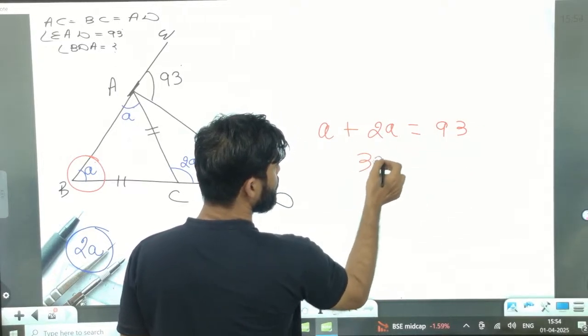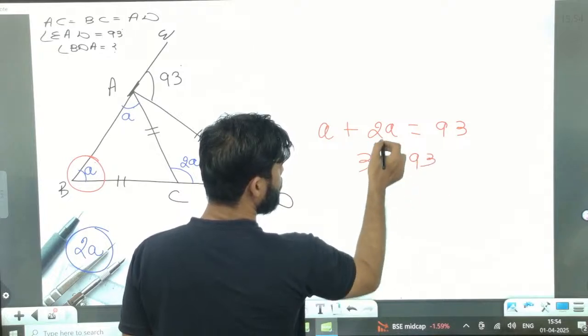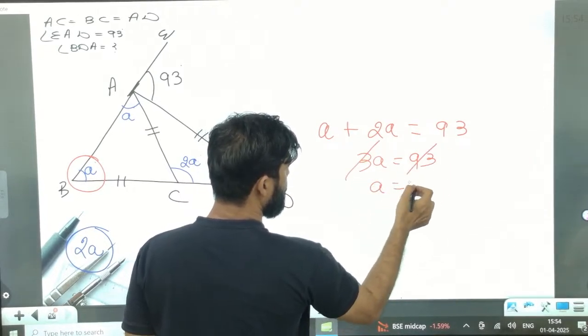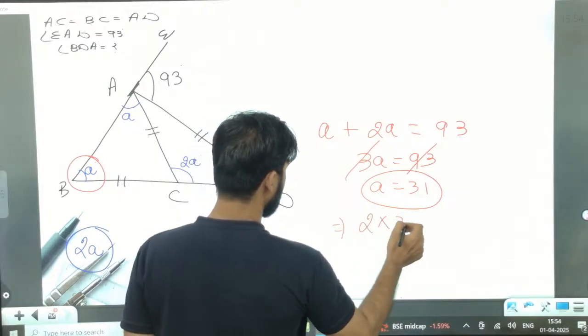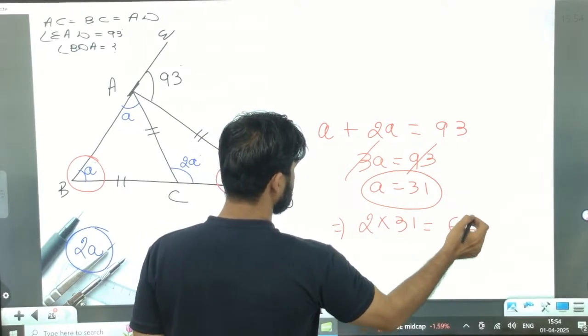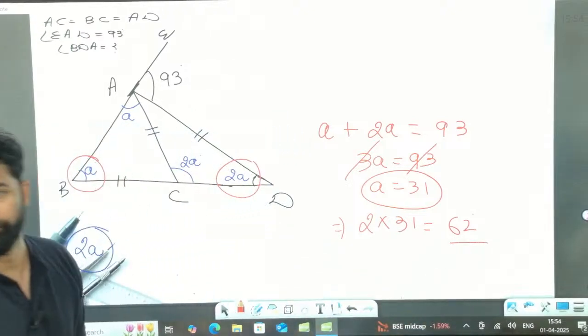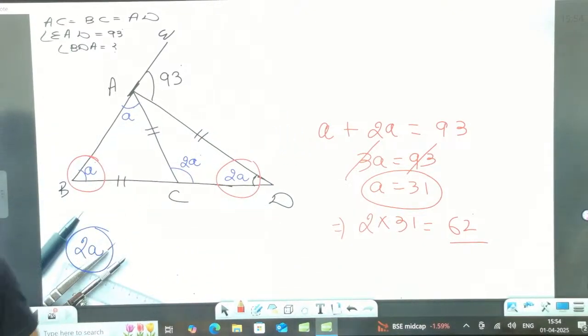So 3A equals 93, or A equals 31. And we need the value of 2A, so 2 into 31. The answer is 62. That was a very good question. Now you got it. So the answer is 62 degrees.